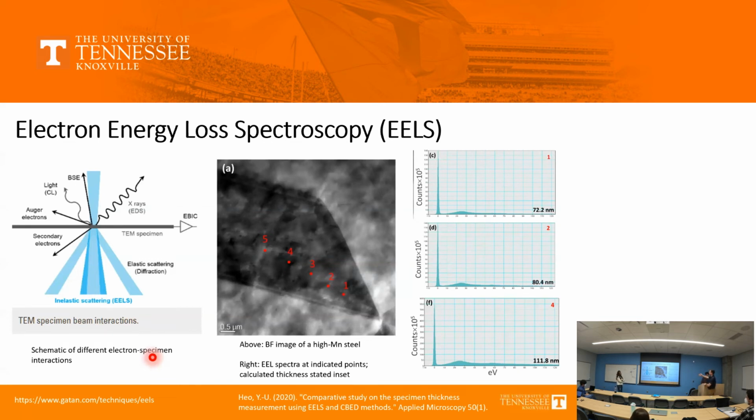Spots 1, 2, and 4 correspond to these plots here. You can see that they've taken these spectra, done the number crunching necessary, and come up with: okay, spot 1, 72 nanometers thick, 2, 80 nanometers thick, 4, 111 nanometers thick. Even with very precise polishing, that's what, a 30% variation from the thinnest to the thickest section.